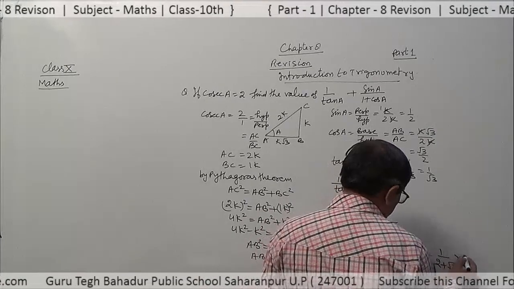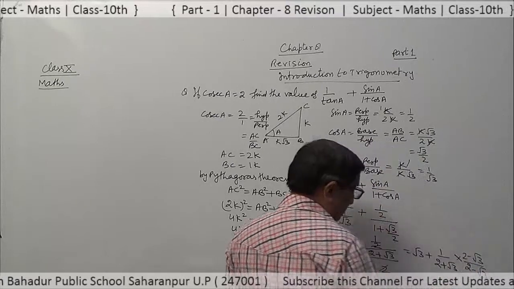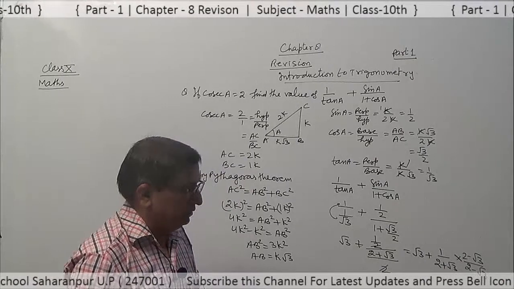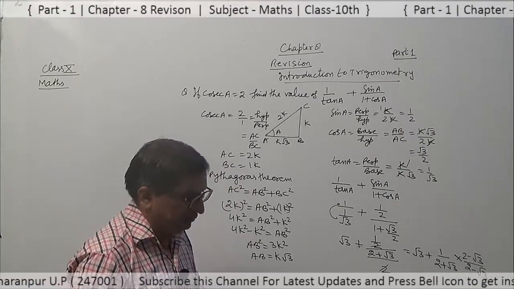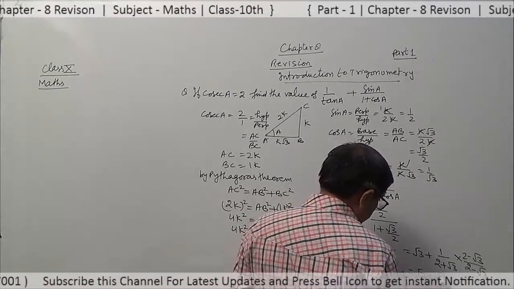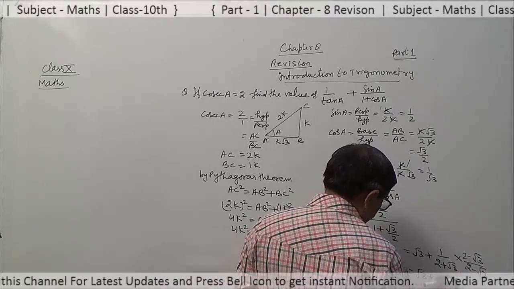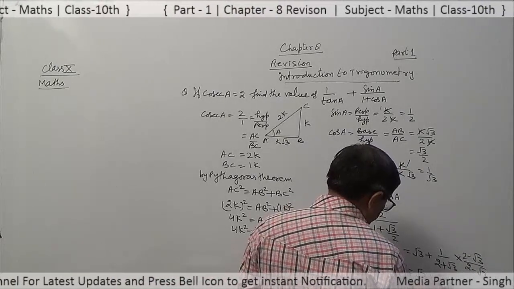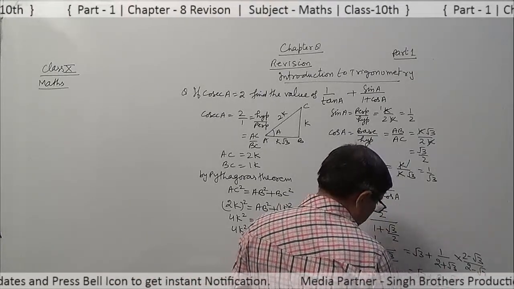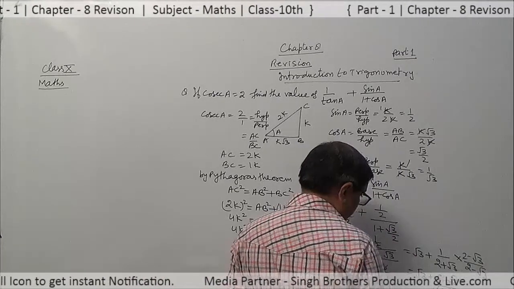Multiply and divide it by the conjugate. 2 plus root 3, conjugate is 2 minus root 3. So, multiply with 2 minus root 3 and also divide with 2 minus root 3. This is (a plus b)(a minus b), a square minus b square.